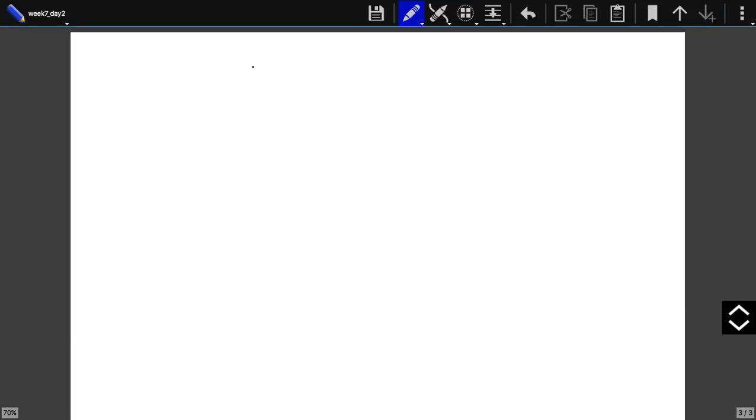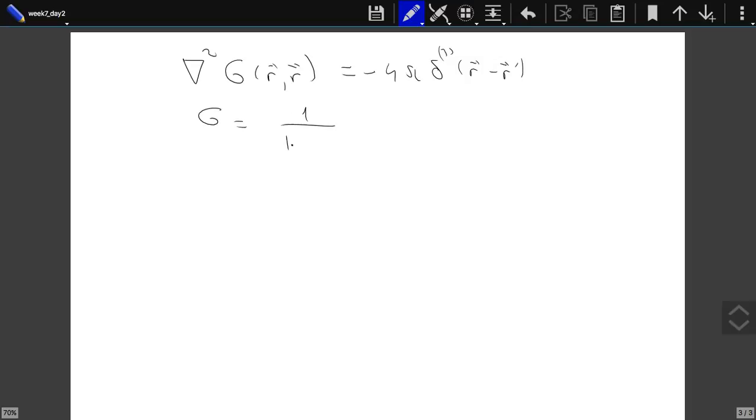Now, to interpret what this G is, you see this G satisfies this Poisson equation. Well, you can set G equal to 1 over |r minus r prime| plus some f of r prime.